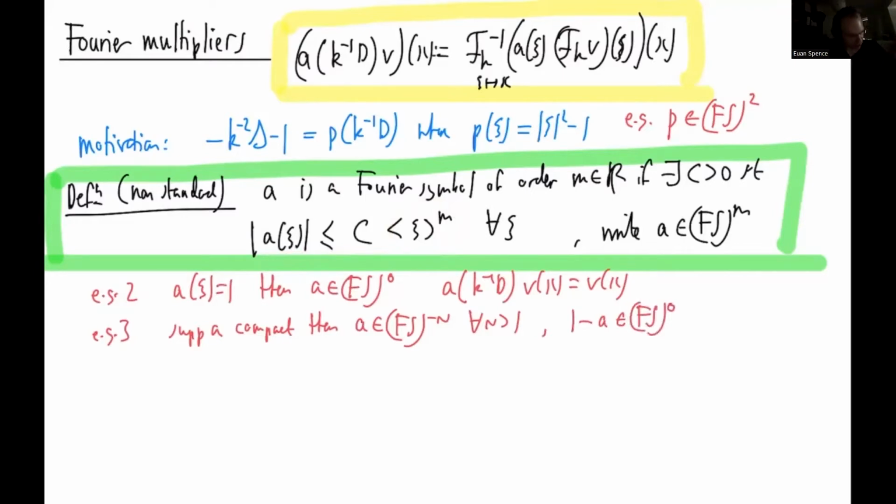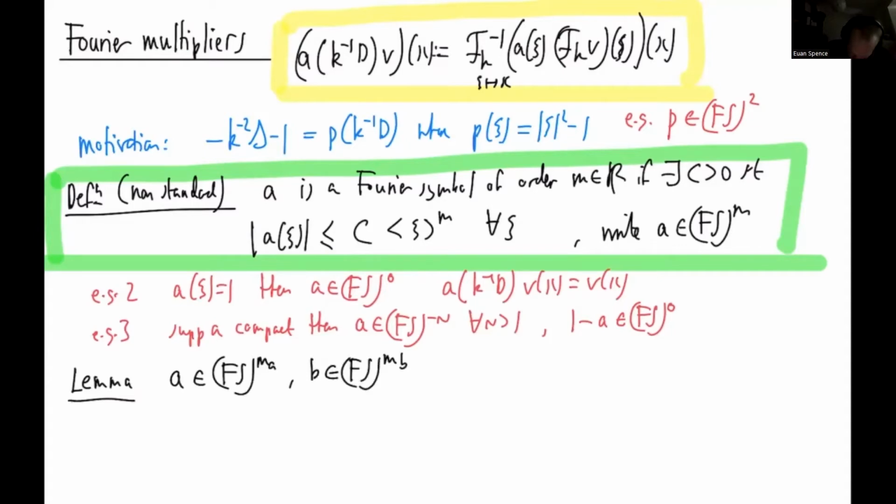Now I'm going to write down one lemma about simple properties of these Fourier multipliers, and then we're going to prove the theorem, the splitting theorem of our Helmholtz solutions. So lemma: let's say that a is a Fourier symbol of order m_a, and b is a Fourier symbol of order m_b.